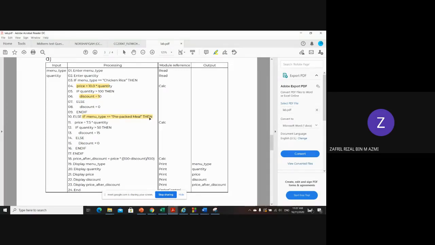In the flowchart we have only one decision symbol. Over here also we have one decision symbol. This is the decision symbol. For else there's no condition, no decision symbol over here. If you put it over here like this, then you need to have one more decision, which is wrong. Okay class, can you understand? So remove this: if menu type equal to pre-packed, remove this.